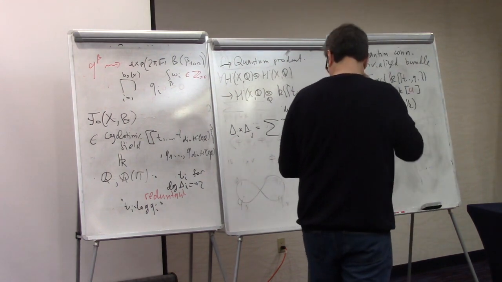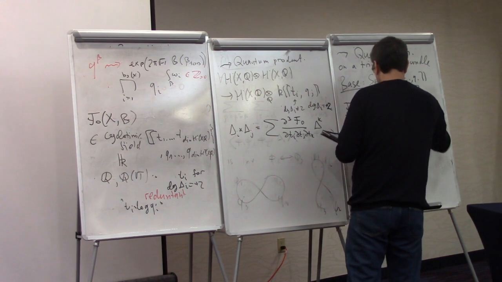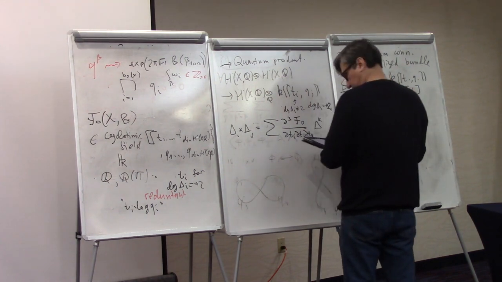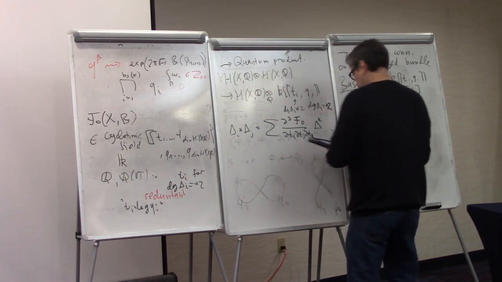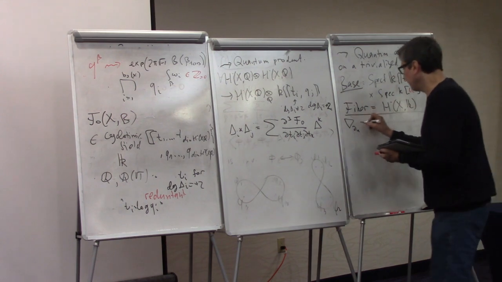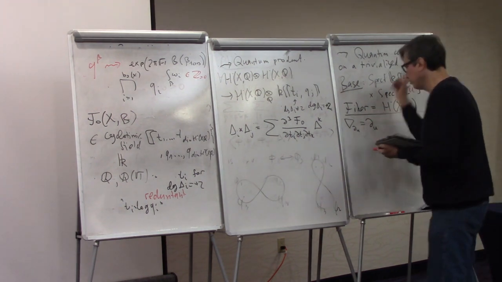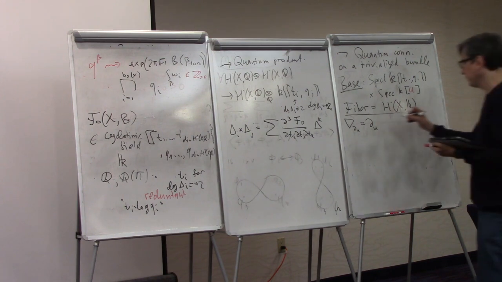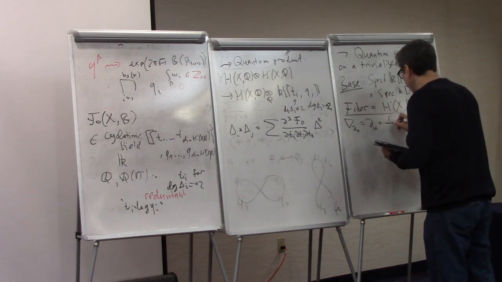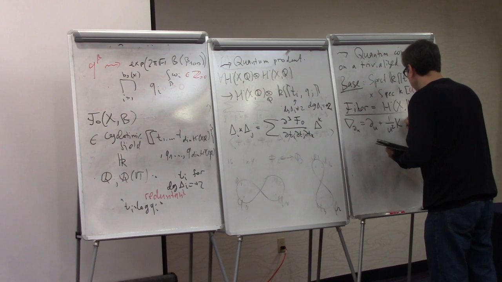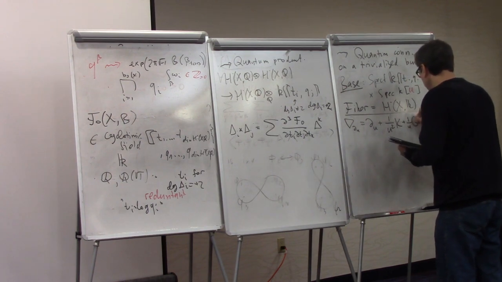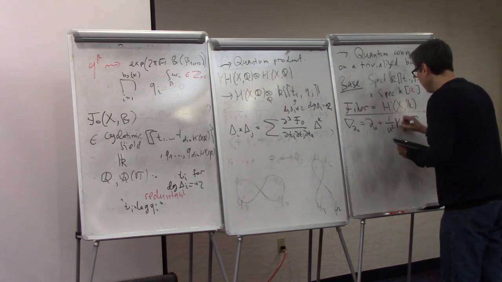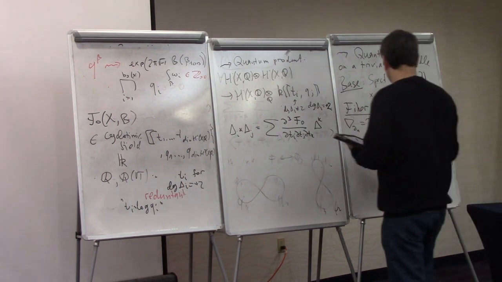And how does the connection look? So that's the main formula. Namely, along this new variable, the covariant derivative with respect to the transition variable will be this trivial connection plus 1 over u squared times K plus 1 over u times G. So these will be matrices.